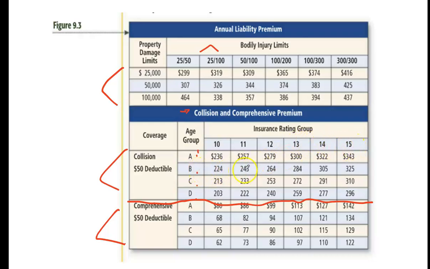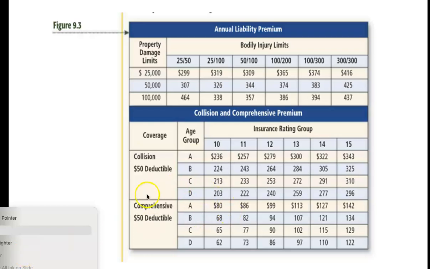So let's say they say B11, it'd be 243 and 82. Your first number is up here, and then your second and third are down there. Make sure you understand that chart.